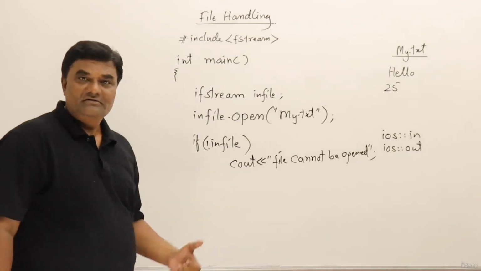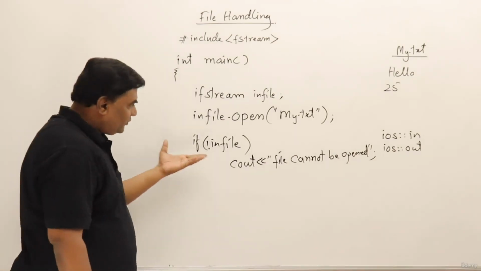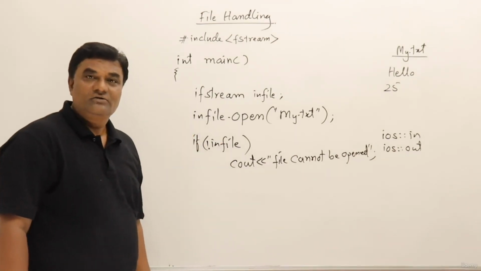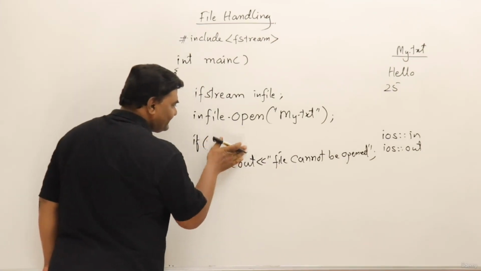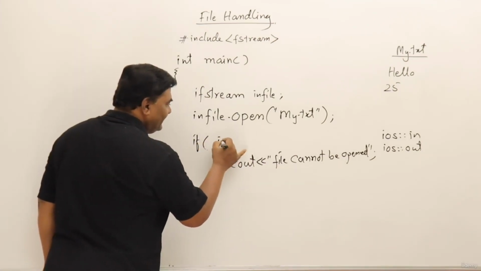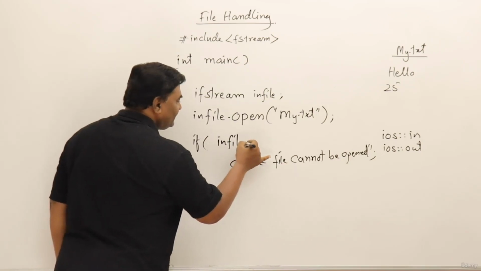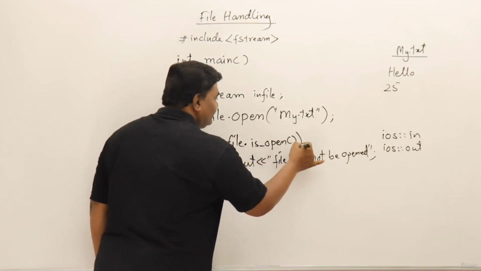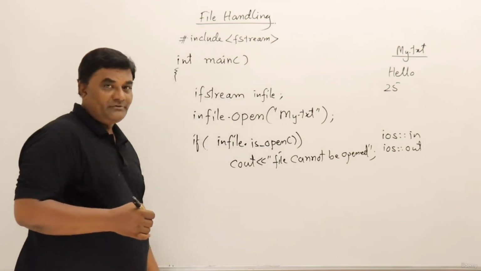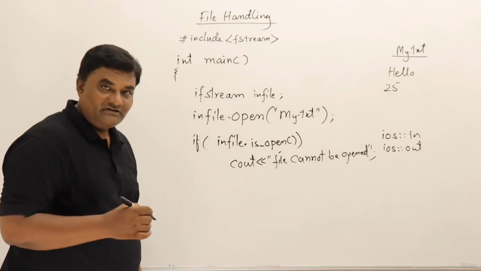There is one more method for checking whether the file is opened or not, existing or not. I'll remove this and show you. See, inFile.is_open. This will return true if the file is open, otherwise it will return false.